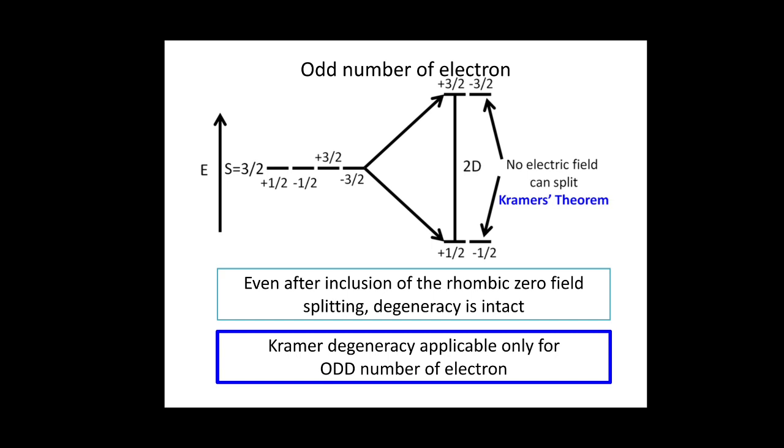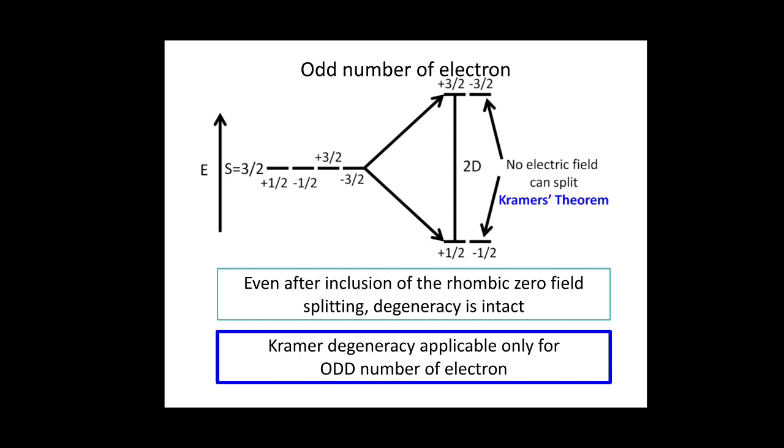You can use the Kramer theorem only in case of an odd number of electrons. So as I showed in my earlier slide, when you have S equal to 1, after the inclusion of the E term, which is called the rhombic zero field splitting term, the plus 1 and minus 1 levels you can split. The degeneracy you can destroy, but here it is impossible. So you cannot split them in the absence of a magnetic field.